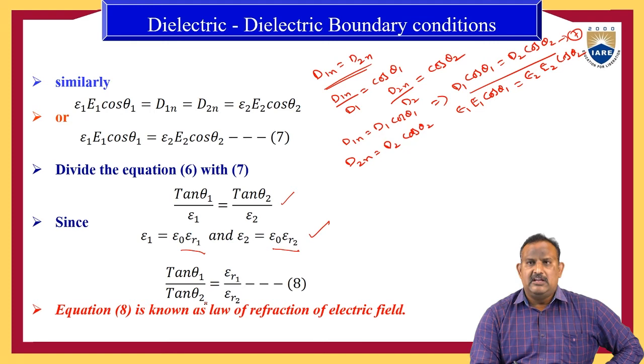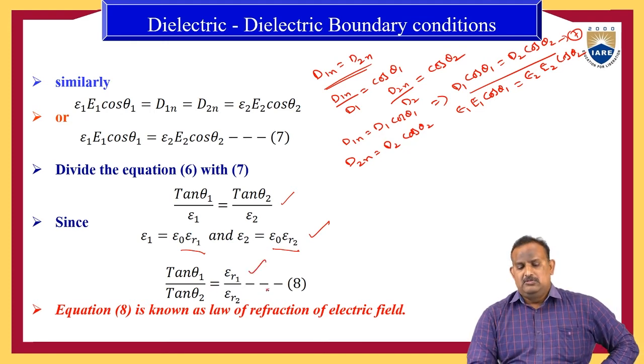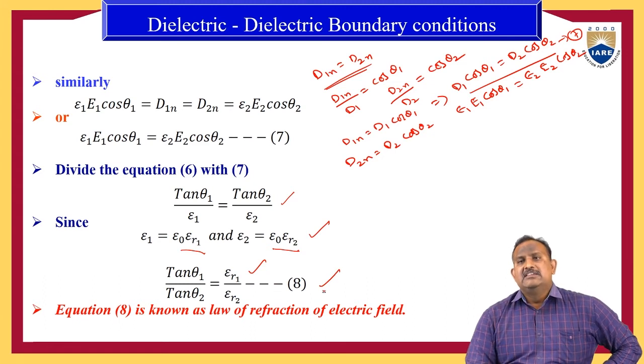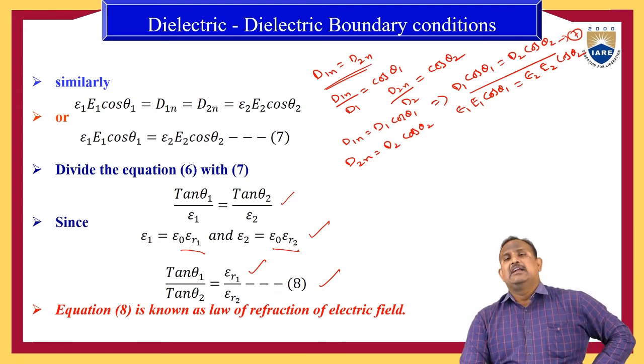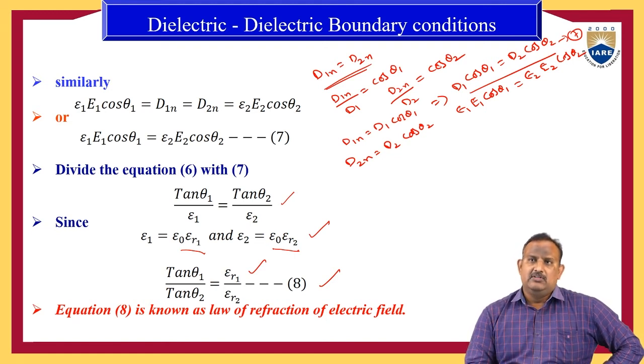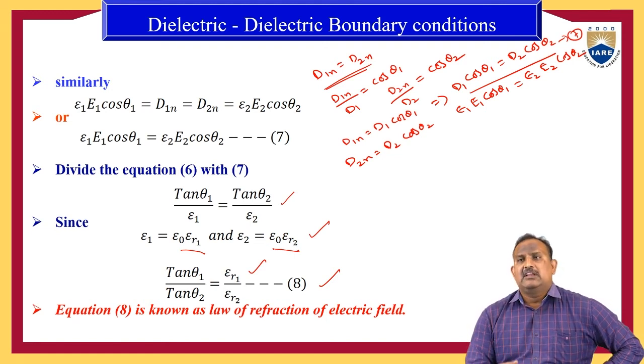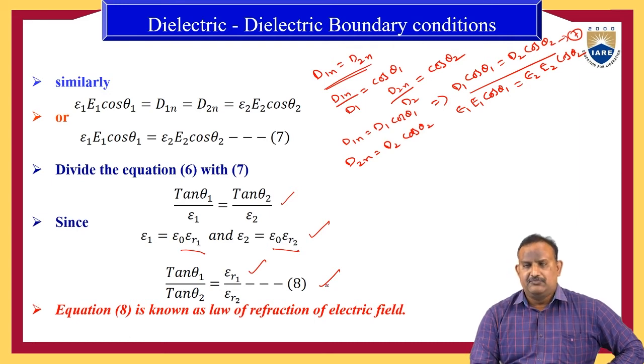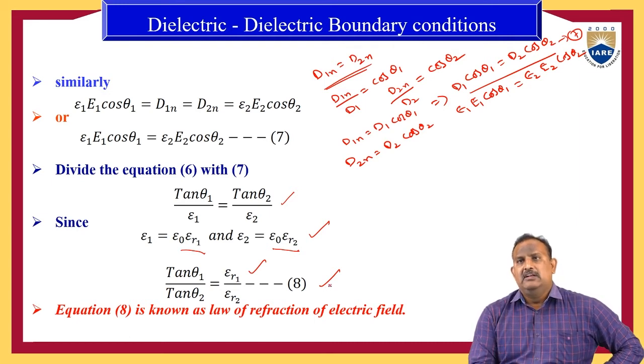Therefore, tan theta 1 by tan theta 2 equals epsilon r1 by epsilon r2. Let us assume it is equation 8. Equation 8 is known as the law of refraction of electric field. We can use the law of refraction both for electric field and electric flux density.